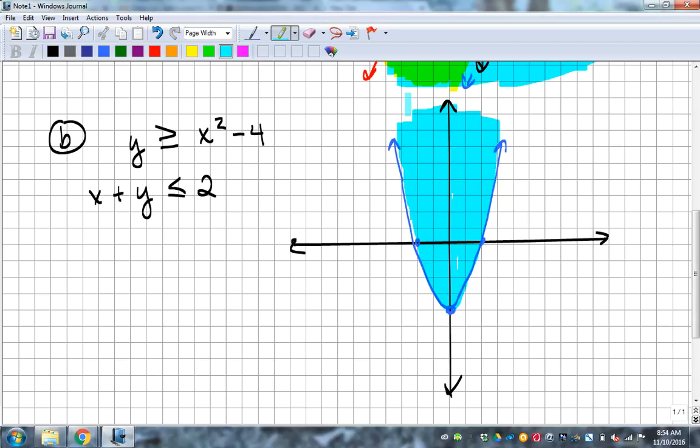And then I'm going to graph this linear one here. So let's graph it. Y less than or equal to -x plus 2. Getting y by itself, just subtract x. We get that. And so I'd go to +2, then I'd have a -1 slope. And that's a solid line as well.